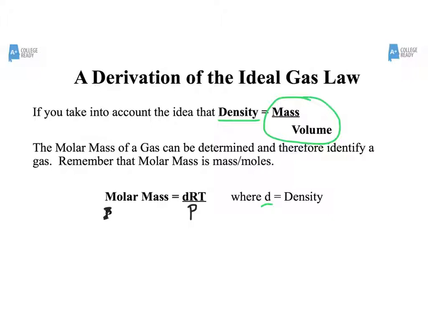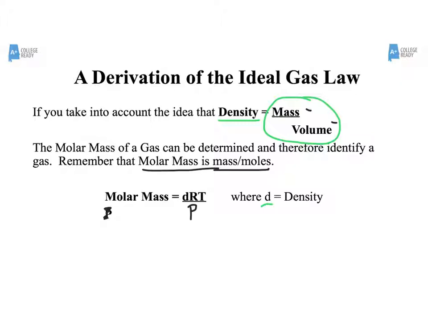It's just a derivation of the ideal gas law where we take into account mass, volume from the density part, and we also have to remember that molar mass is the mass of a mole. So if we take into those two equations, we can figure out this derivation.